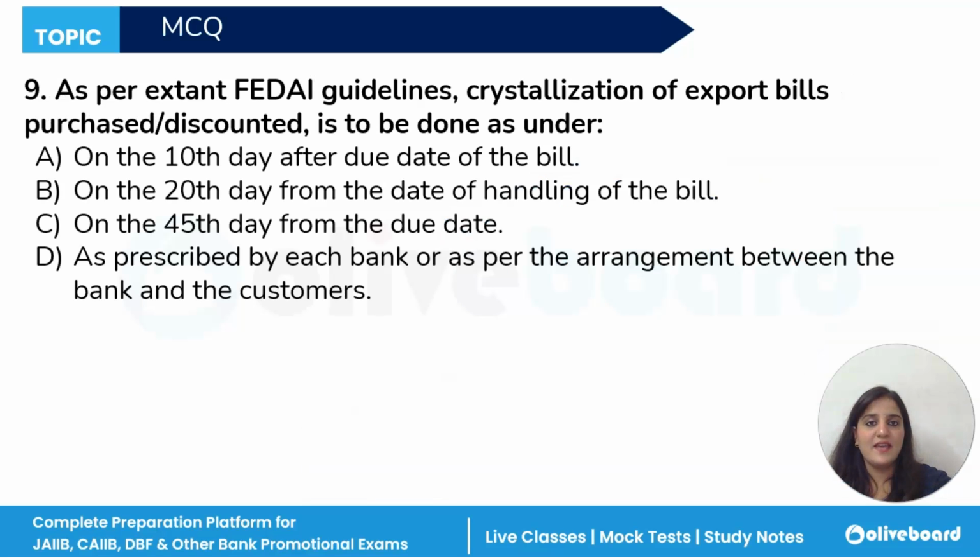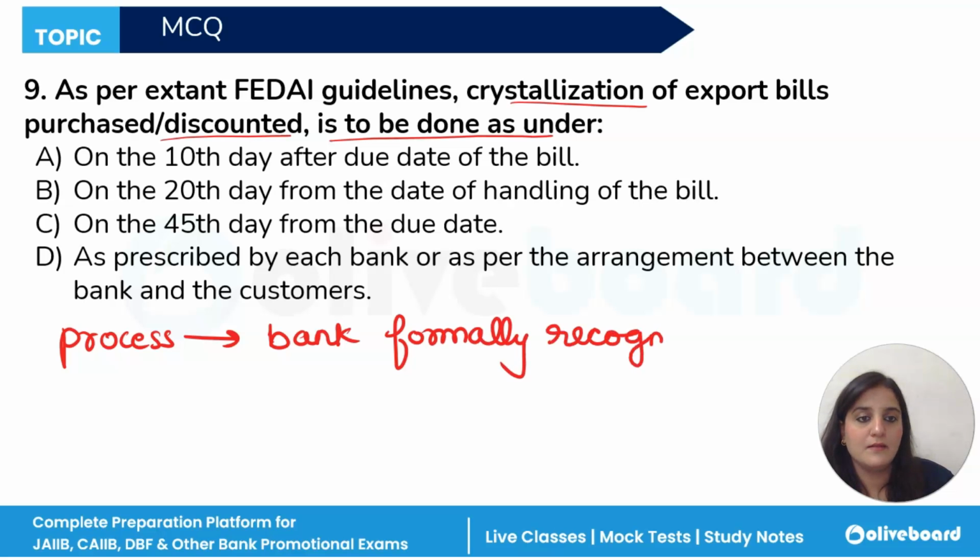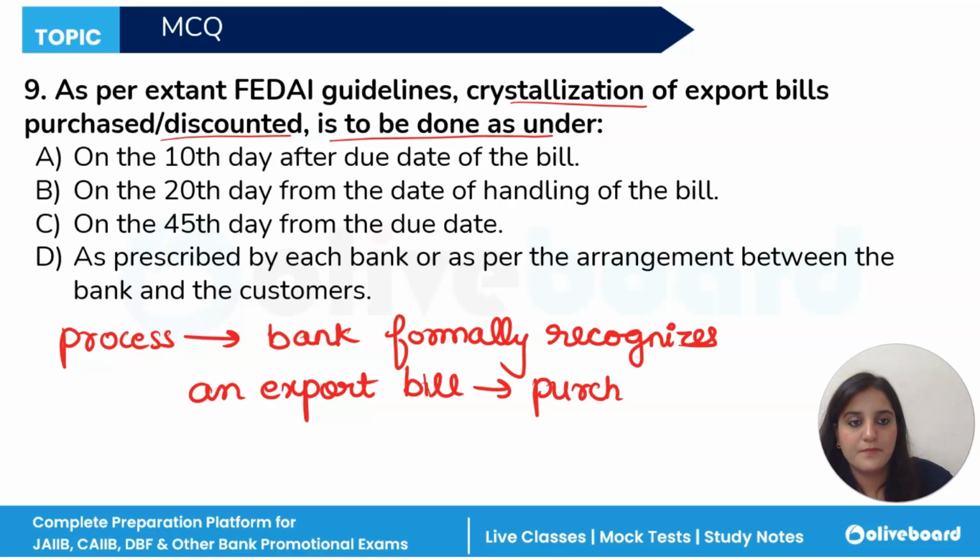As per extant FEDAI guidelines, crystallization of export bills purchased or discounted is to be done as under. Basically, first we will learn what crystallization of export bills is. Crystallization is the process by which a bank formally recognizes an export bill that has been purchased or discounted.